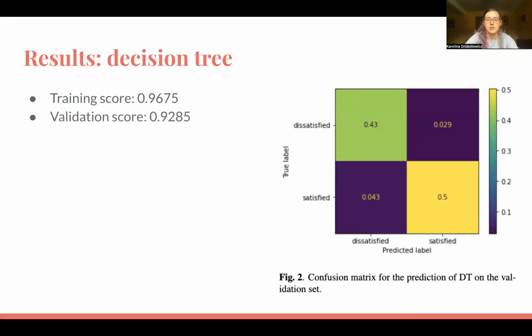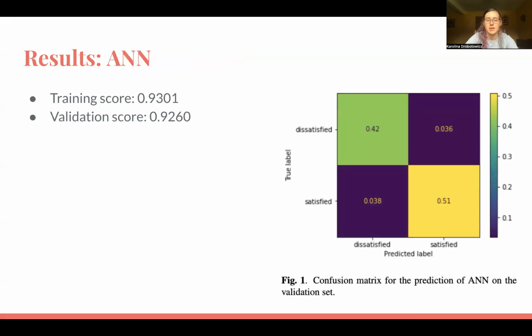And for the results, for the decision tree, the training score was around 0.97 and validation score was around 0.93. You can see the confusion matrix on the right. And for the artificial neural networks, the same, the confusion matrix on the right.